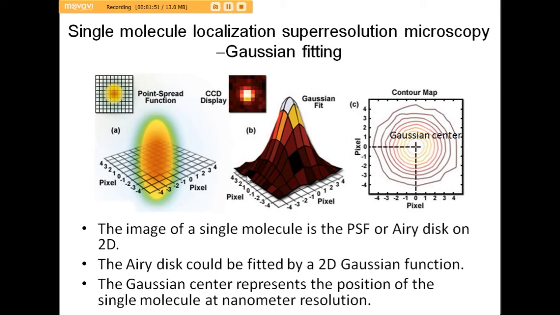We could use a two-dimensional, or 2D, Gaussian function to fit the distribution of this Airy disk intensity. After this fitting, we can work out the center peak, its x position and y position, and this could give us sub-pixel resolution of this single molecule.